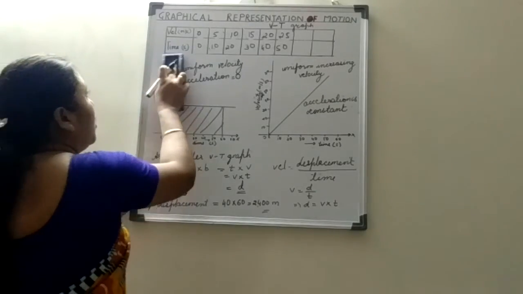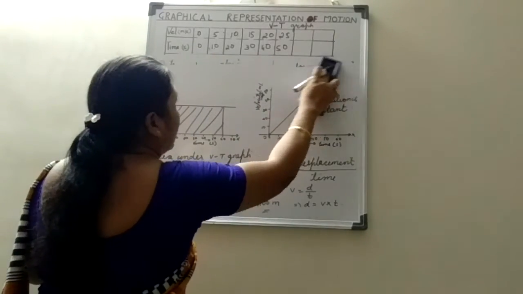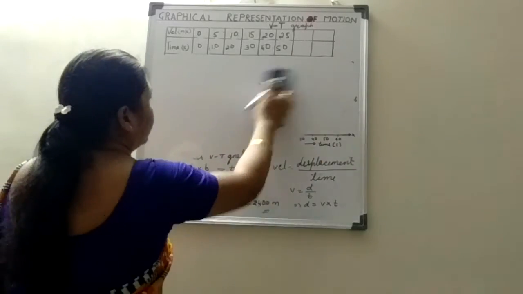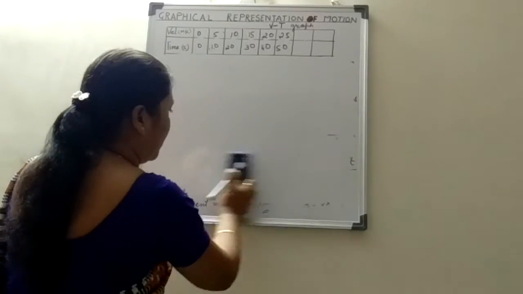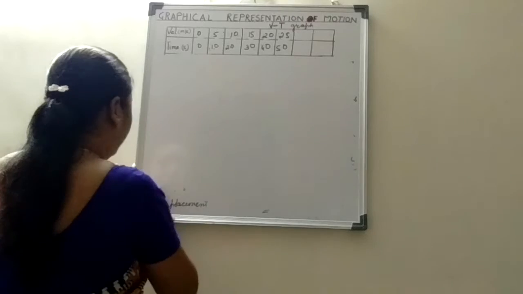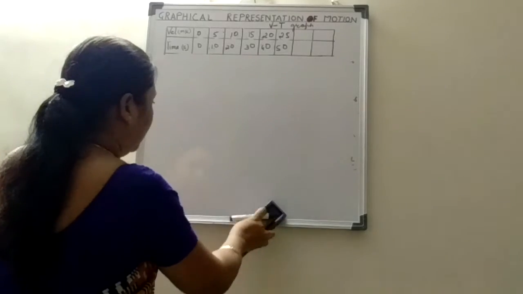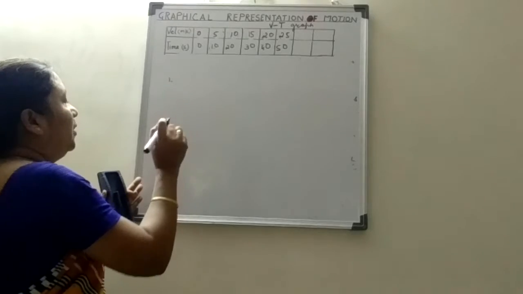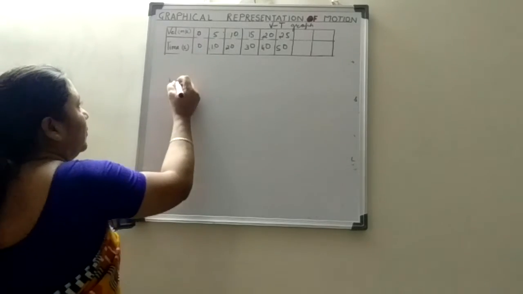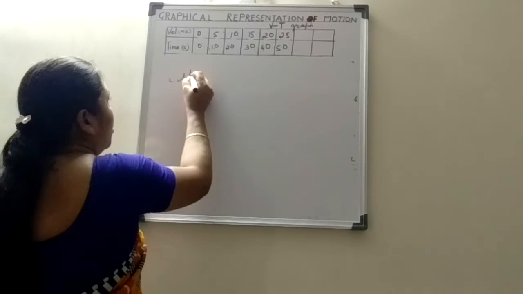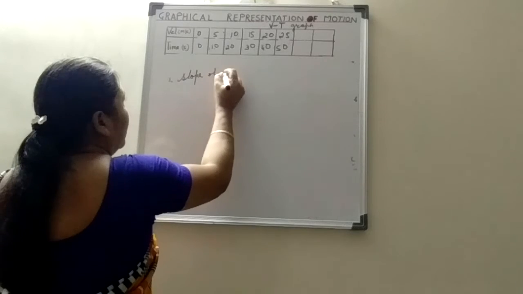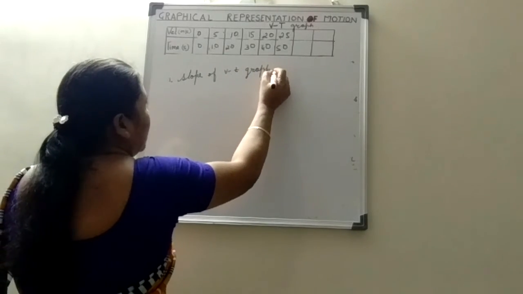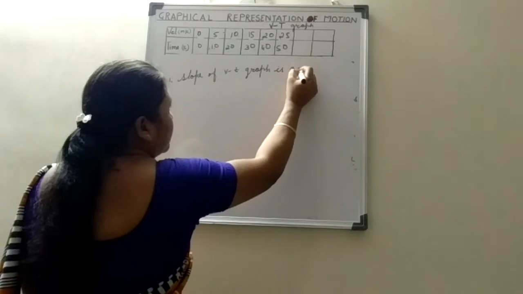Now, what do you conclude from this velocity time graph? From the velocity time graph, we get the first thing: the slope of the velocity time graph is acceleration.